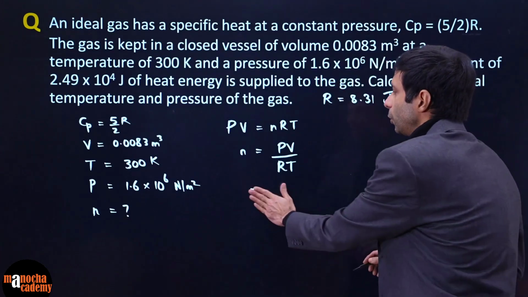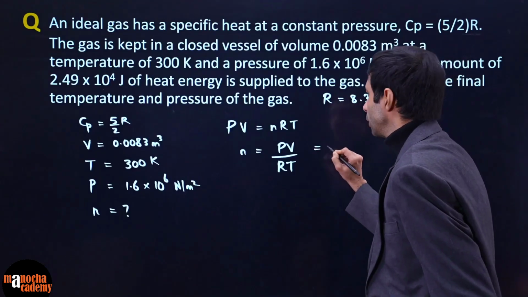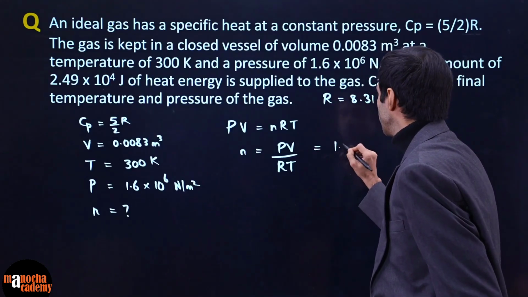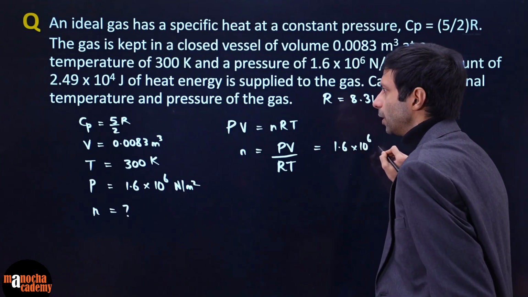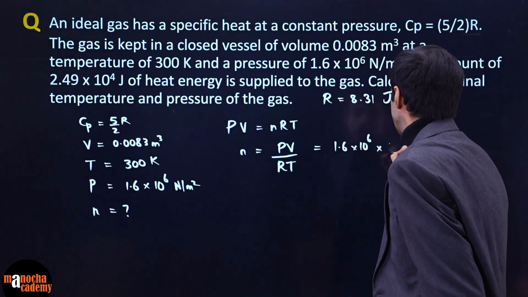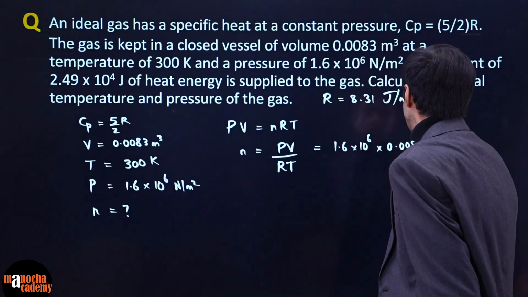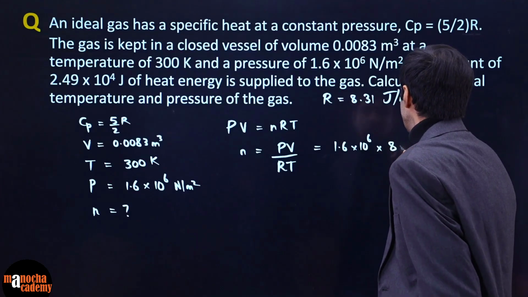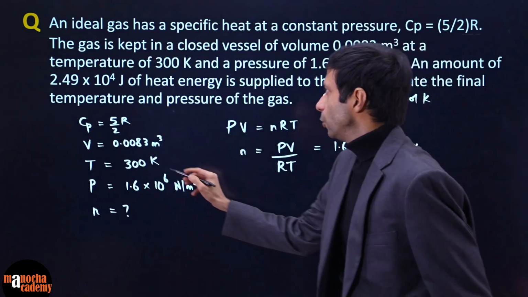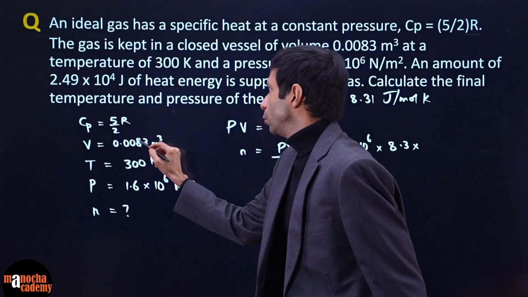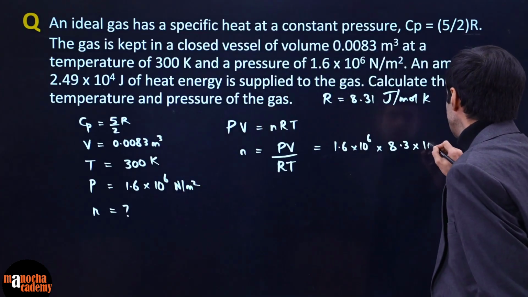So go ahead and substitute the numbers here. What will you put? Pressure is 1.6 times 10 to the power 6. Volume given to us is 0.0083, which basically means 8.3 times 10 to the power minus 3.